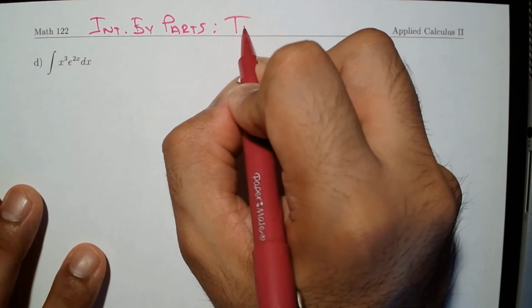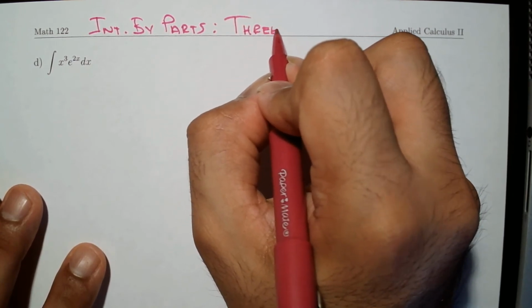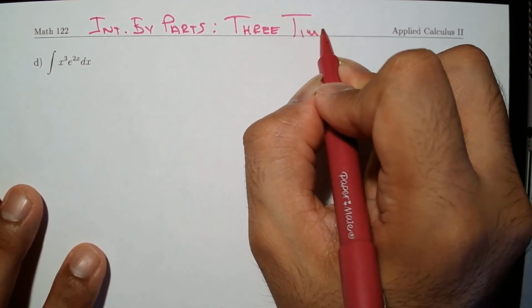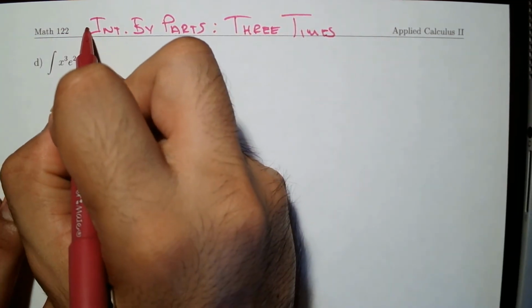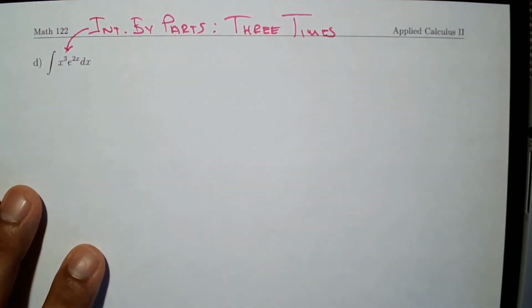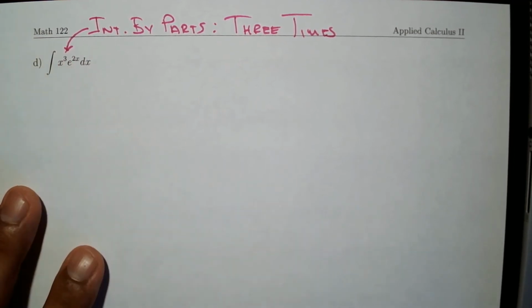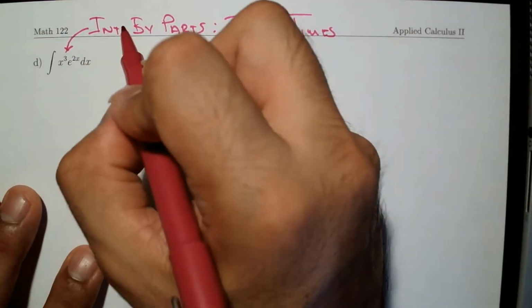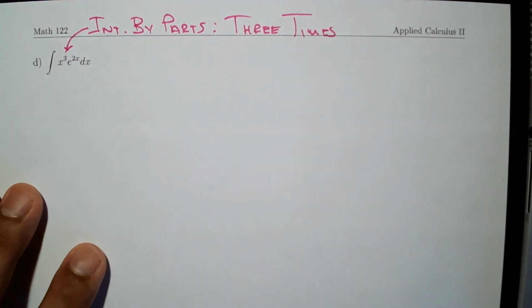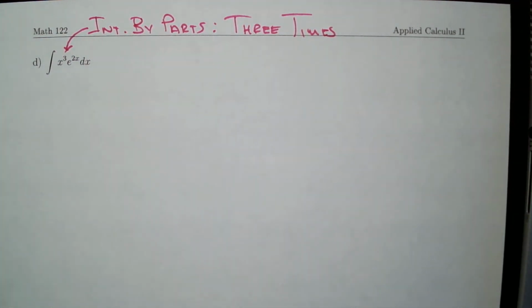However, 3 times. Okay, that's an alternative to evaluate this integral. Again, this x to the n tells us how many times we perform the integration. However, there is an alternative to avoid all that setup, and we do that by looking at a reduction formula.